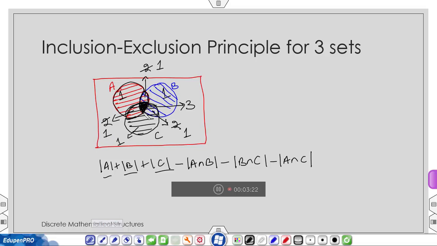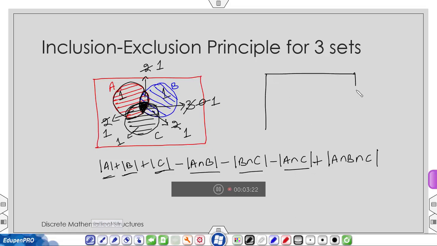But this common intersection area was added thrice in A, B and C, and now it has been subtracted three times in A intersection B, B intersection C and A intersection C. So this now becomes 0. It is included 0 times. So to arrive at the correct formula, we have to add the number of elements in A intersection B intersection C. So now this area is also included once.